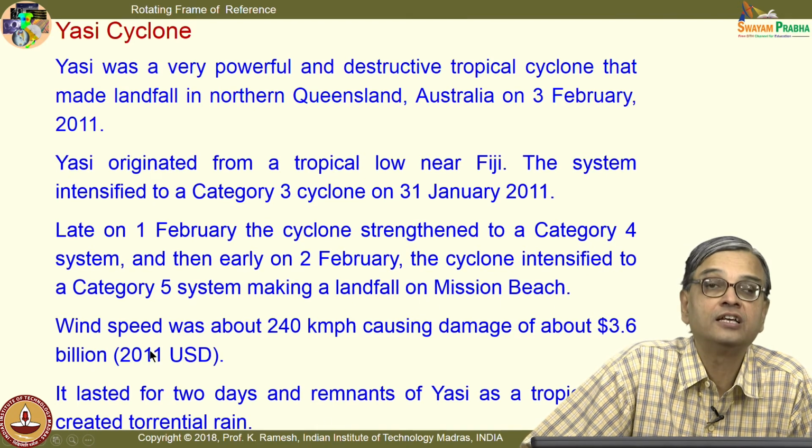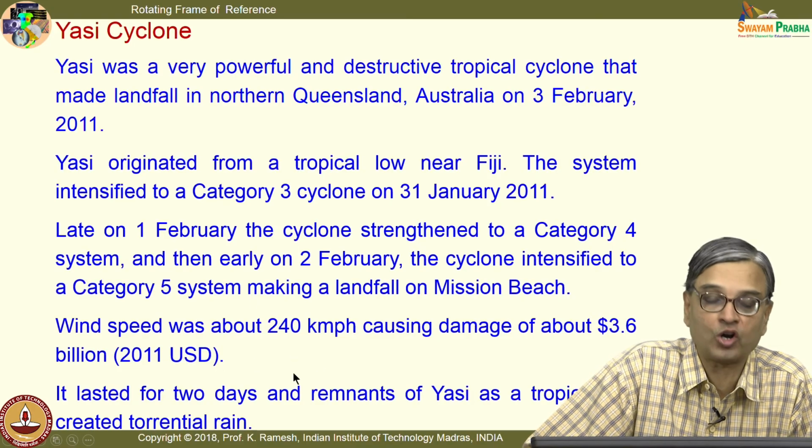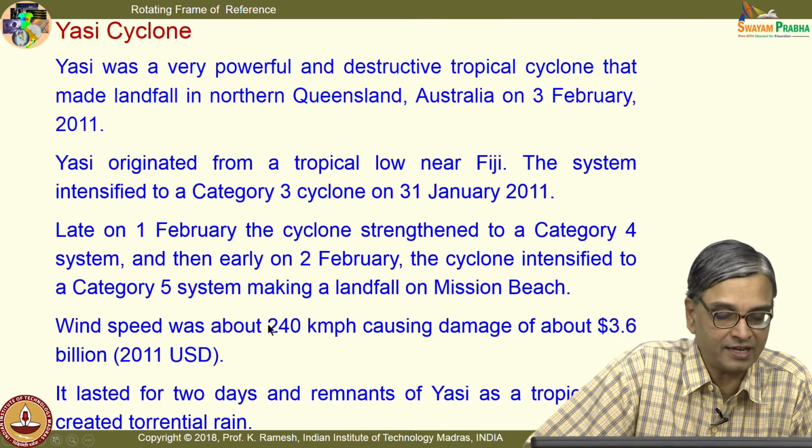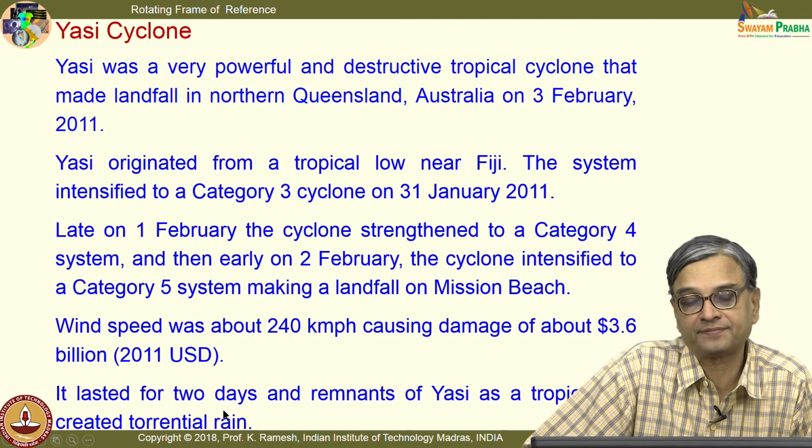Here again the speed was very high, of the order of 240 kilometers per hour. Damage is estimated to be slightly less, in the order of just 3.6 billion, again a huge sum of money. It lasted for 2 days, and the remnants of Yasi, as a tropical low, created torrential rain.